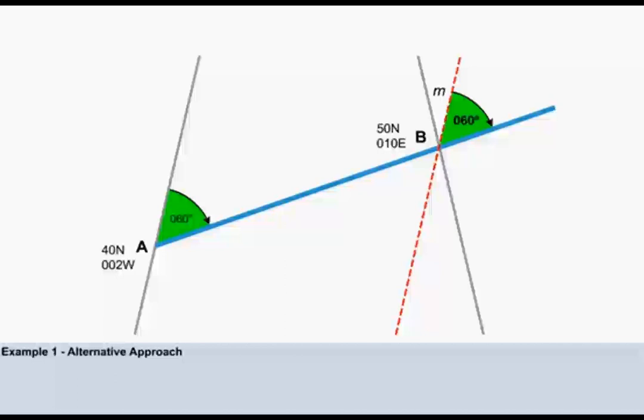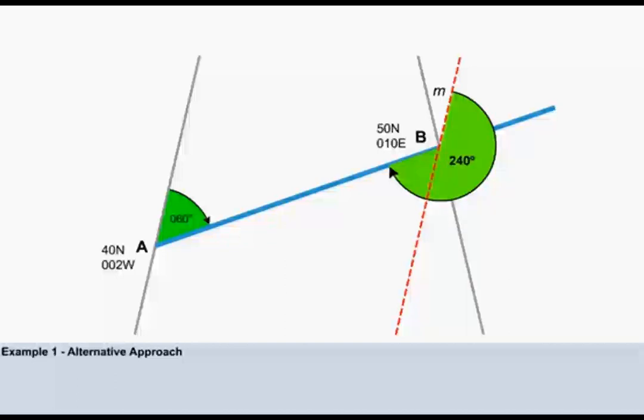Therefore, the angle from the construction line round to the return track B will be 060 plus 180, an angle of 240 degrees measured from the parallel construction line.